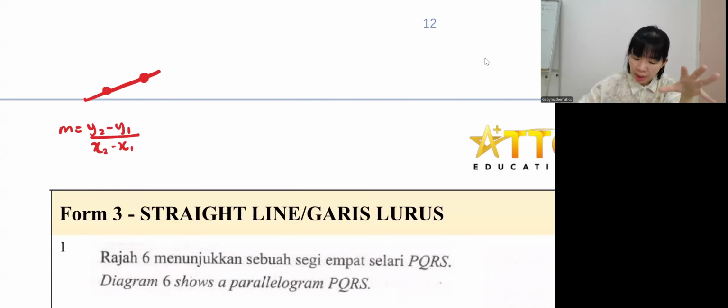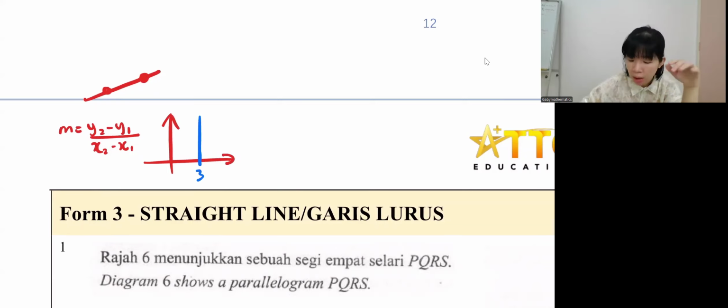Okay, find gradient. Now, whenever you see straight line that look like this, if it's a vertical line, go down, let's say it touch 3. What is the equation of this line? Vertically go down, it touches x-axis 3. So we call this line as x equals to 3.